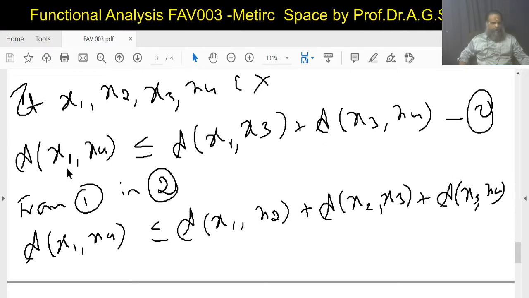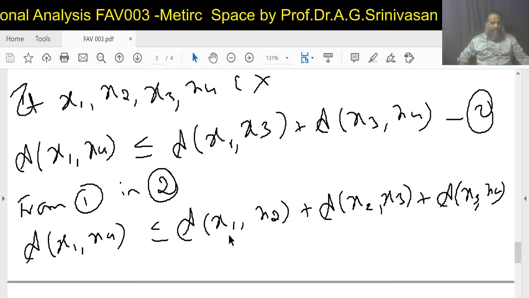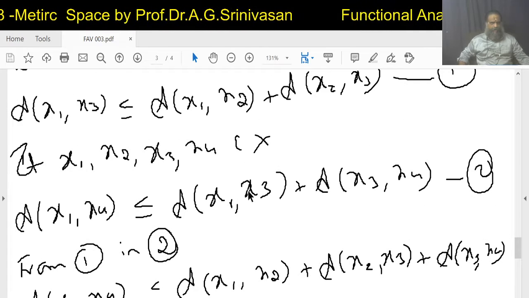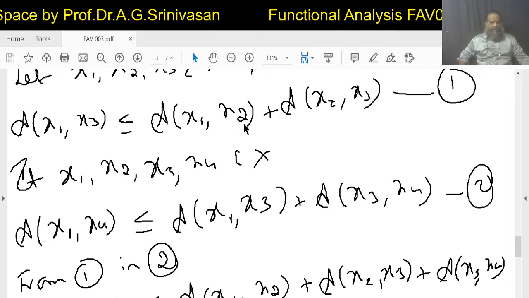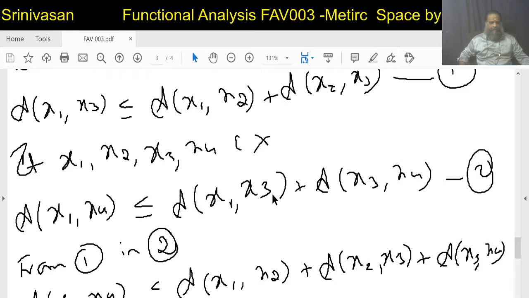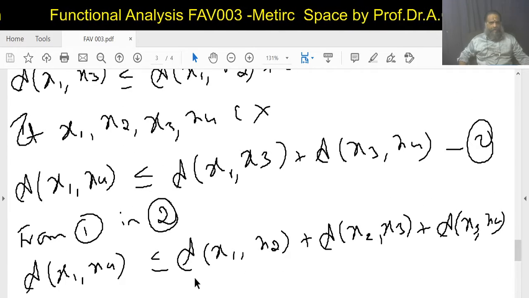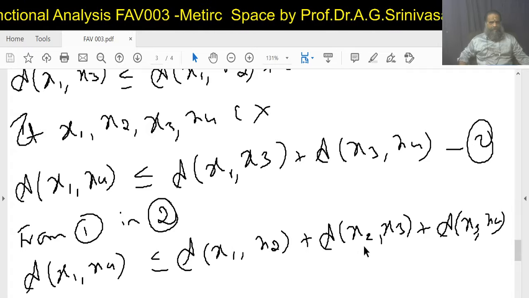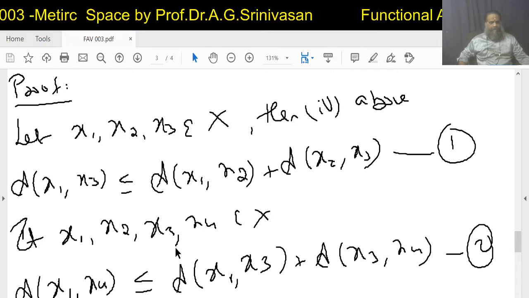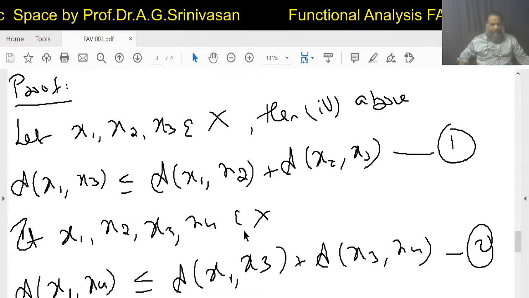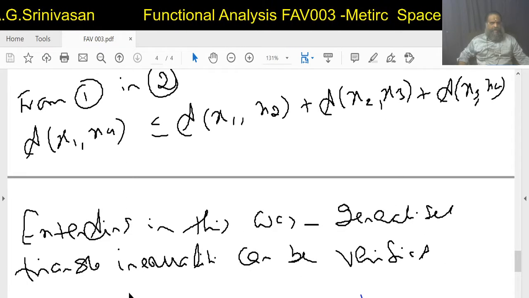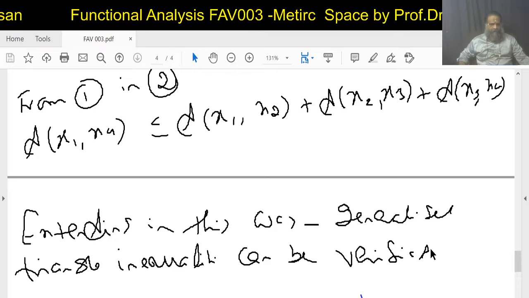D of x1, x3 is less than or equal to D of x1, x2 plus D of x2, x3, so D of x1, x4 is less than or equal to D of x1, x2 plus D of x2, x3 plus D of x3, x4. If you take 5 points, a similar argument can be given. Extending this way, the generalized triangle inequality can be easily verified.